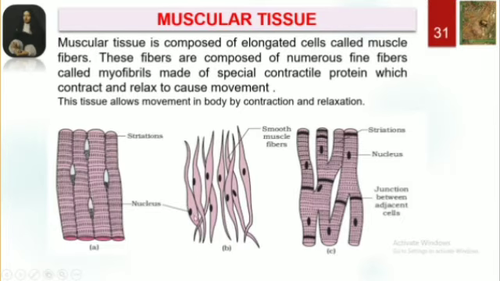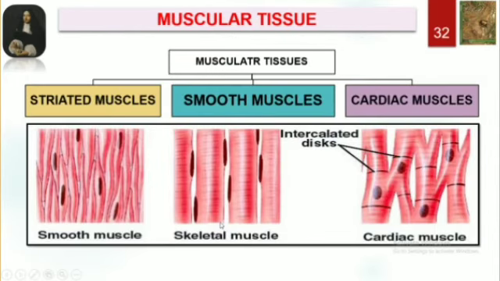Another with tapering ends and a single nucleus, called smooth muscle. And the third one is very peculiar. It has striations and intercalated discs joining many bundles together, present in the heart, called cardiac muscle. So accordingly, muscular tissue can be of three types: striated muscles, smooth muscles, and cardiac muscles.